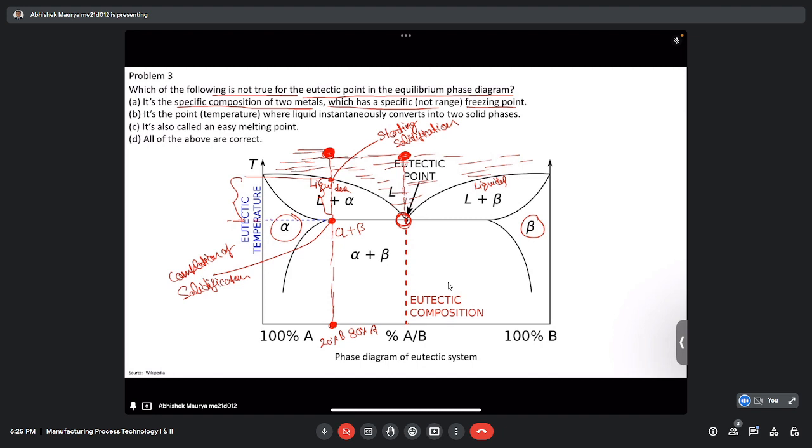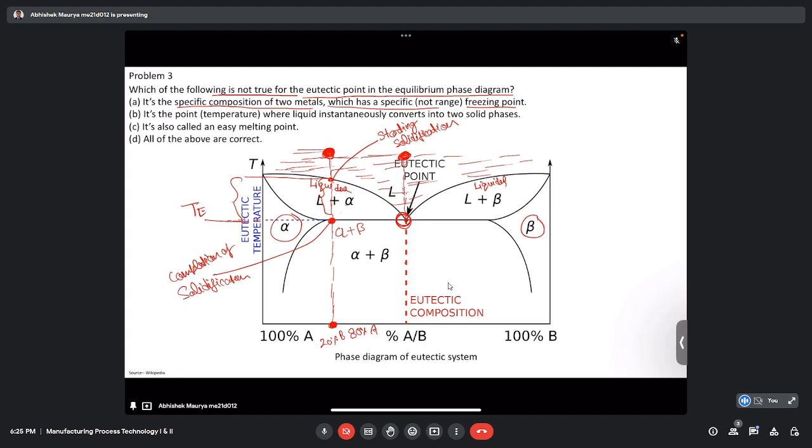At this temperature, called the eutectic temperature or TE, the whole liquid directly converts into alpha plus beta. We will not get any region of liquid plus some solid. Earlier, like here, we were getting a liquid plus alpha region. So that is one feature of this eutectic point.